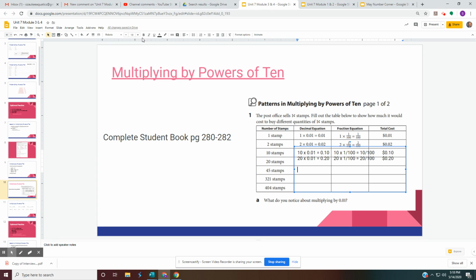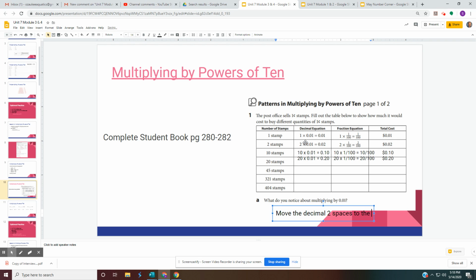All right, so what I noticed when I'm multiplying by 0.01, I am moving my decimal point. So I get to move the decimal. Which direction? To the right or to the left? Well, I have the 1 here, and I'm multiplying it by 0.01, and I get this as my answer. So I move the decimal 2 spaces. Which way?